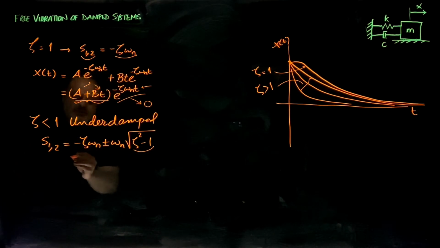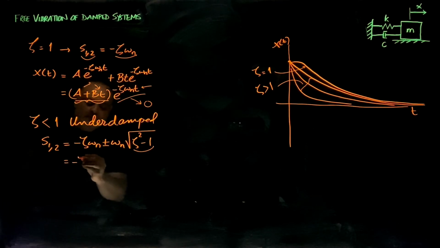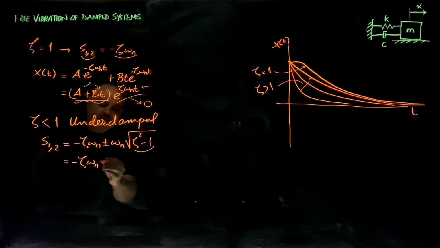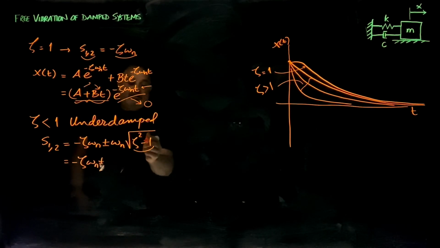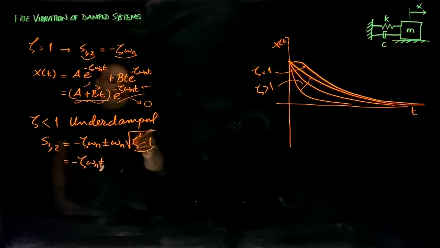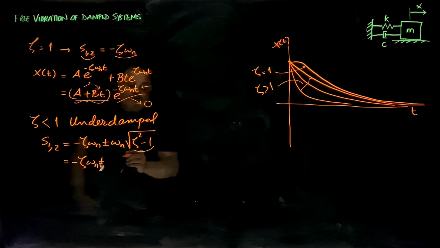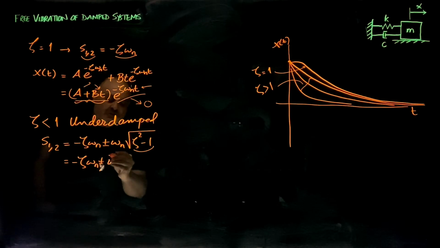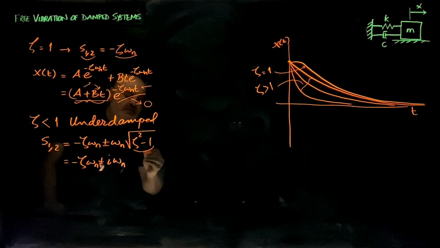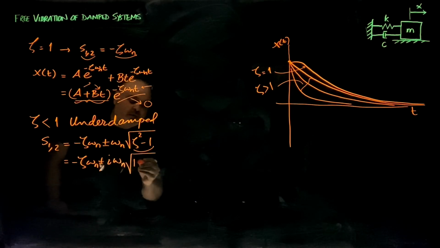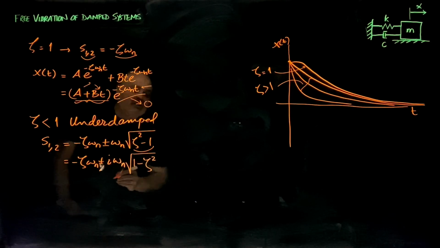So I can rewrite this as negative zeta omega n, plus or minus. I'll multiply this by negative 1 and take the square root of negative 1, which is i, times omega n square root of 1 minus zeta squared.